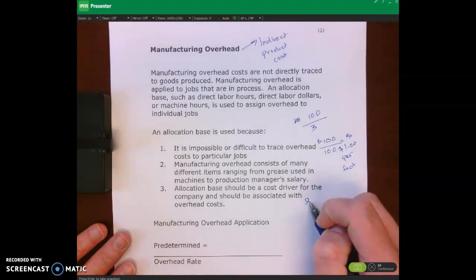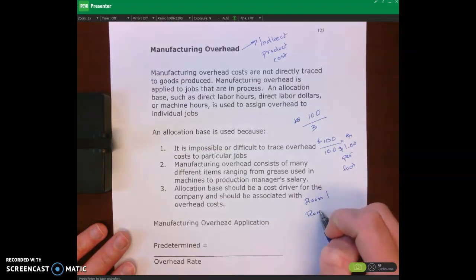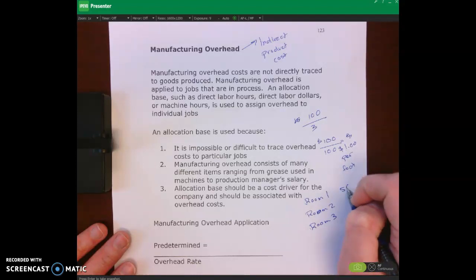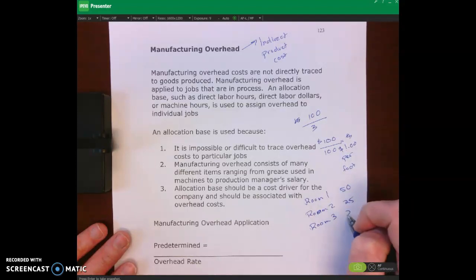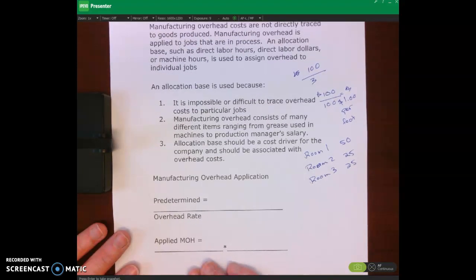Let's say that roommate 1, roommate 2, and roommate 3. Roommate 1 has 50 square feet, and the other ones have 25 square feet. Okay? How much does each person pay? Well, if we do it this way, where we have $100 of utilities costs divided by the total square footage, that gives us $1 per square foot.